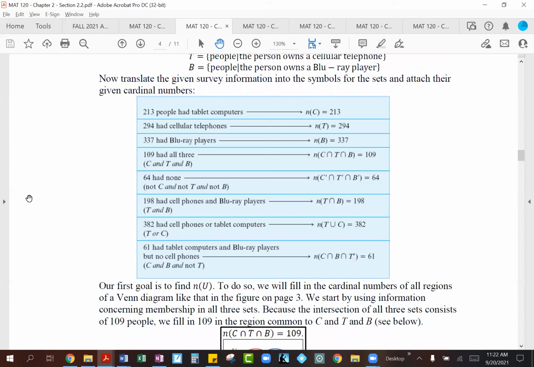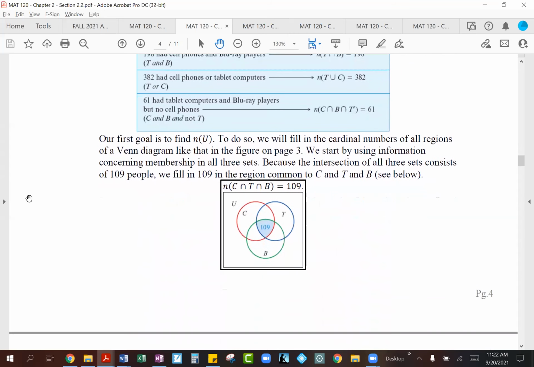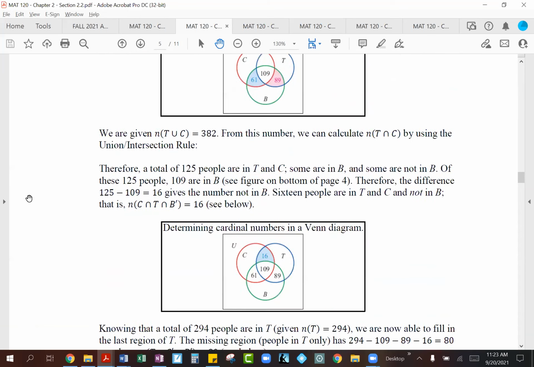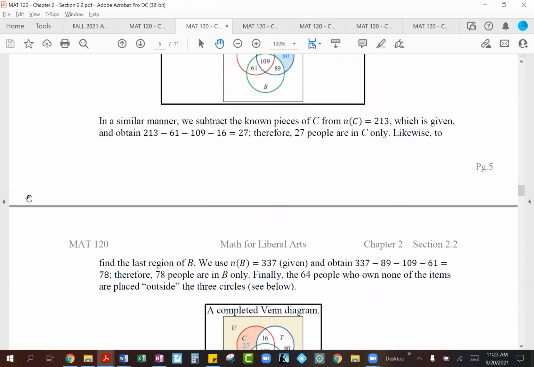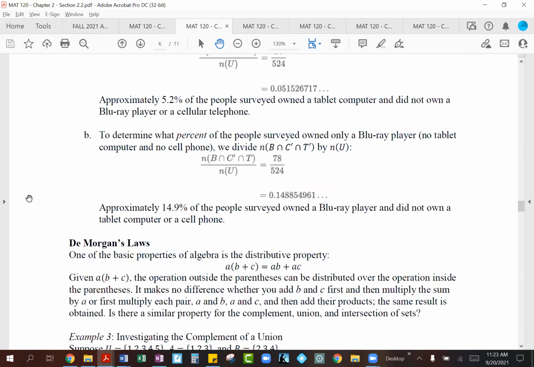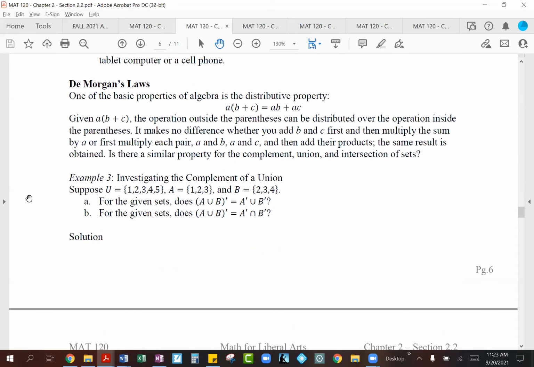Especially when you are working through homework, look at the handout, because you will see a whole bunch of different examples to help you solve questions with 3 overlapping circles or more.